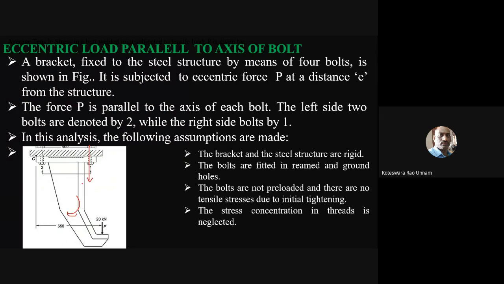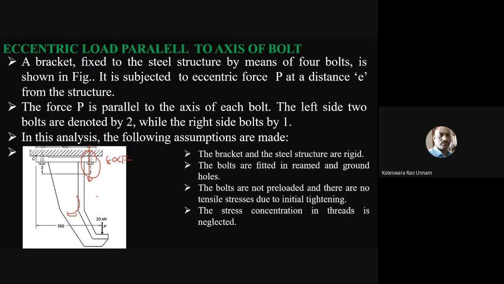For that, the assumptions we made in the previous case are valid here. So what is going to be the elongation here? That is proportional to the tensile force. Based on that, we can derive an expression for the force in each bolt, which we already saw in the previous class.